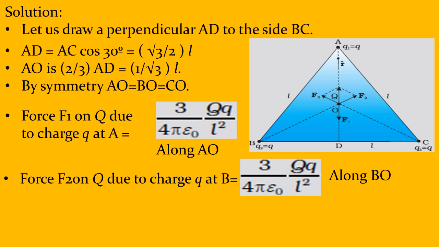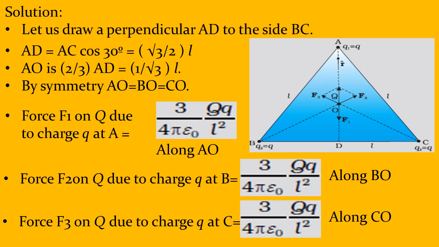Again same, because the magnitude of the charge is same, the distances are same. It is 3 by 4 pi epsilon naught Q by L square. But what is the direction? The direction is along BO, repulsive. Similarly, the force F3 on the charge Q at O is due to the charge Q3 placed at C. Again, the magnitude is same and the direction is along CO.